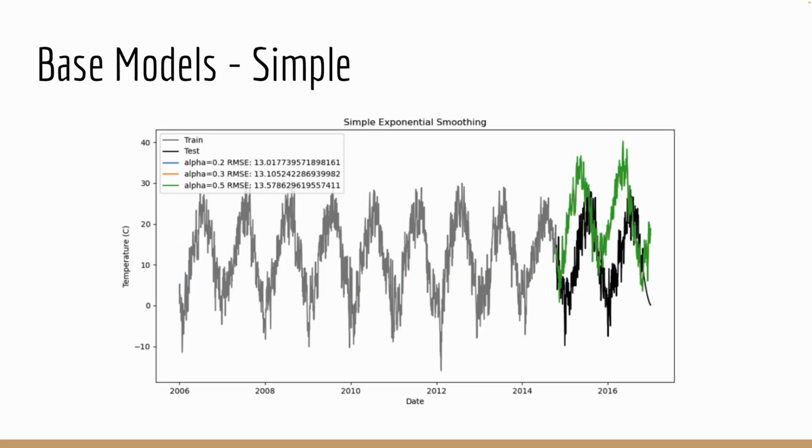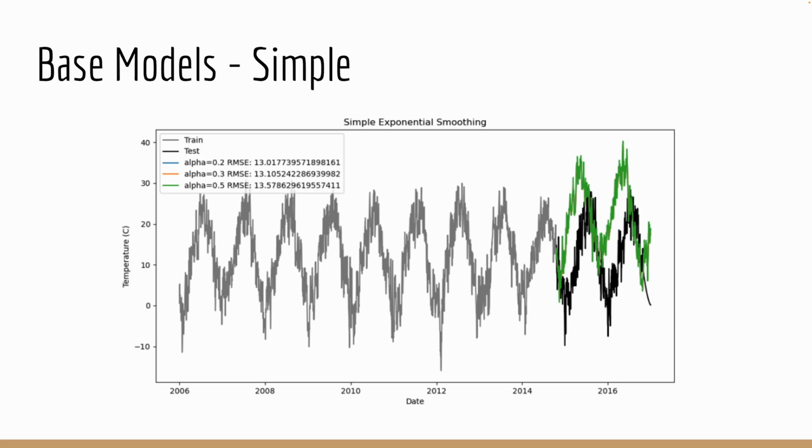Next, we have the simple exponential smoothing. Here, I took in different values of alpha and calculated the RMSE along with each alpha value. You can see here that when alpha is 0.5, the RMSE is the highest, but it seems that it made the best predictions out of every alpha value.